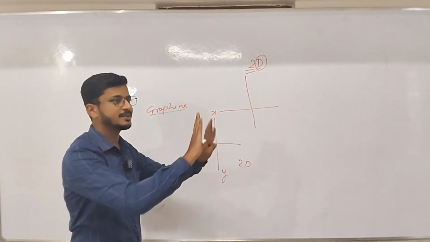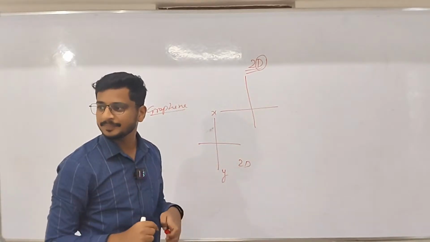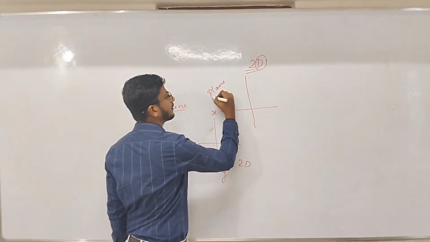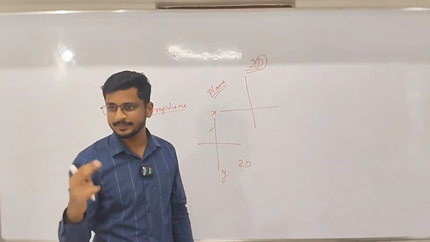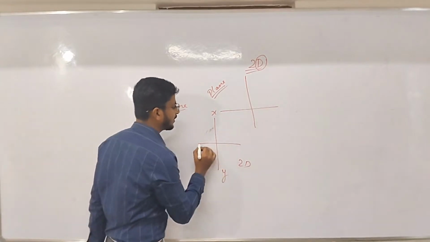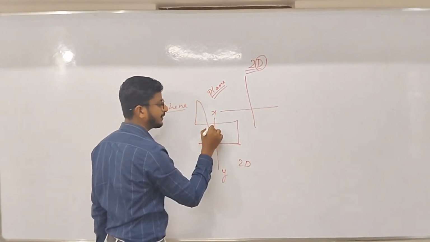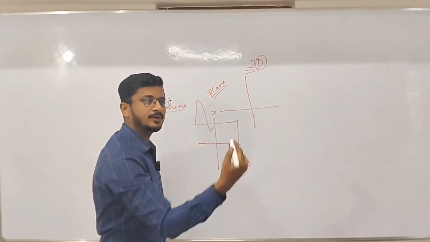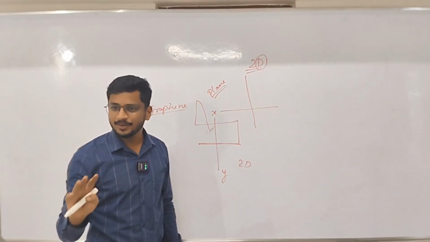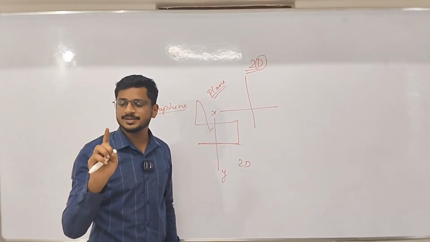No, because the flat surface is here now. Correct? That is called a plane, two-dimensional, flat surface. What is 3D? An object can go here, come towards you also, go behind the board also. That is three-dimensional.